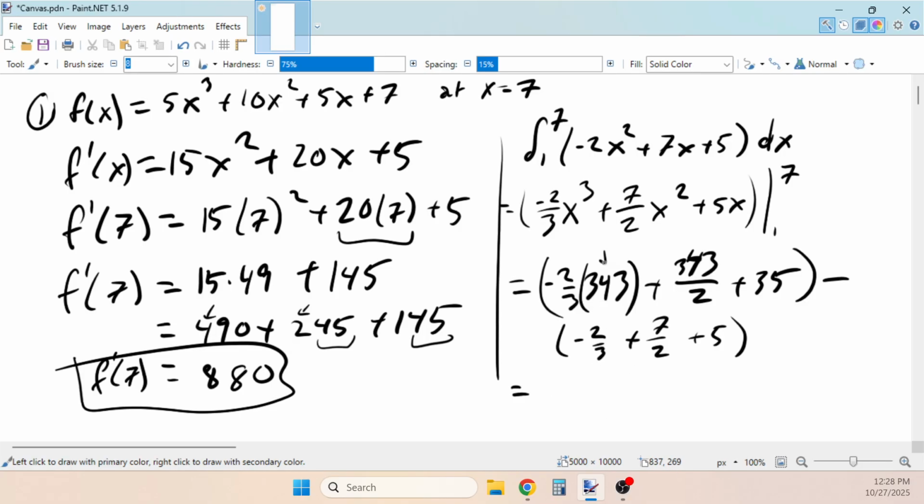Well, if we have 343 copies of negative 2, we're going to get over 2, 7 over.